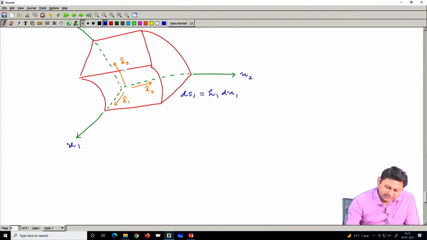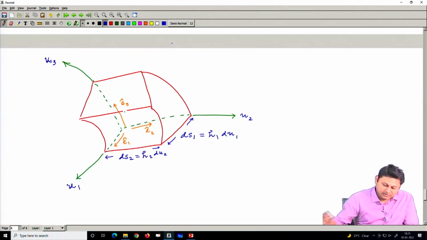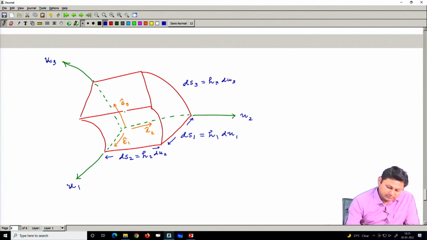Every time you need to multiply the scaling factor when you calculate the distance. This one is dS2, which is h2 du2. I am talking about this distance here. And finally, this one is dS3, equal to the scaling factor h3 and then dU3, along this direction U3.